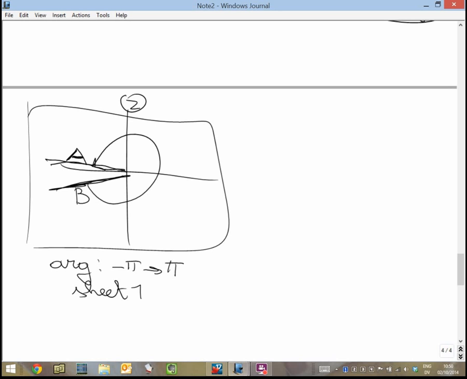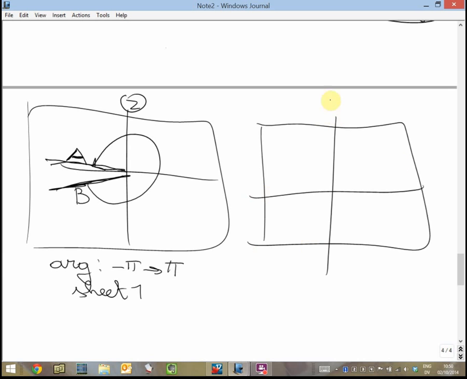But we should not forget that there's also a second sheet, sheet 2, also in the Z plane here. And we could say, symbolically, that if you just look at the three-dimensional picture again, if you start from B and you run across here, A, you can still move continuously over to its counterpart of A in the second Riemann sheet.